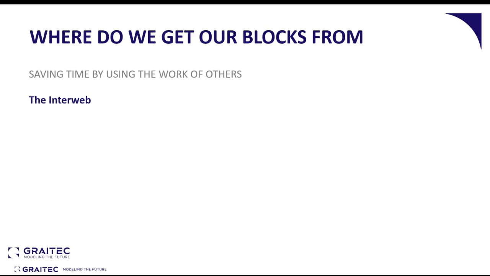However, if we go onto the internet, of course, we can do a search. We could look for search terms such as AutoCAD blocks free, DWG block download, etc. And most of these sorts of offerings will produce a whole list of different places where you can actually download different blocks and content.